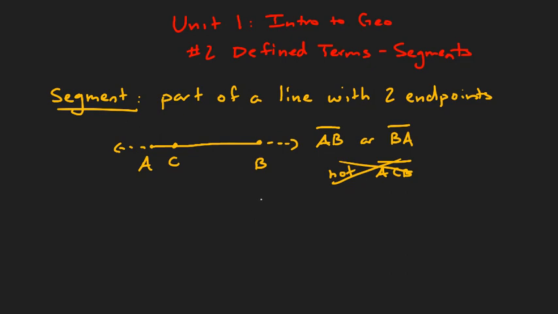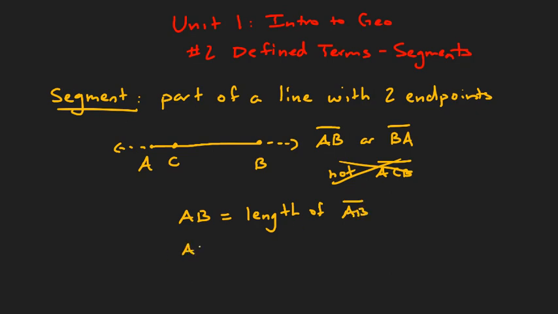Now, when we talk about segments, because segments have endpoints, segments do have a length. And if I'm going to talk about the length of the segment, I just use the two endpoints without the bar. So if you just see AB together, that means the length of segment AB.